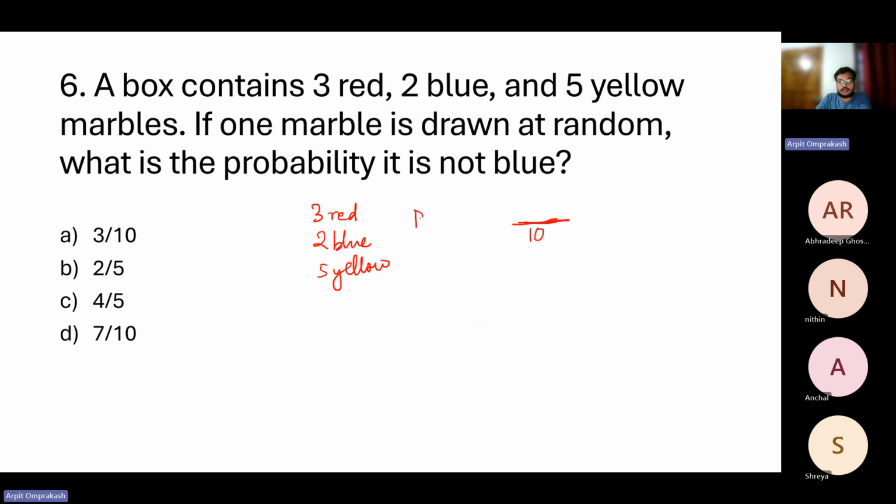So the probability that it is not blue will be the number of cases where the marble is not blue, divided by the total number of marbles.